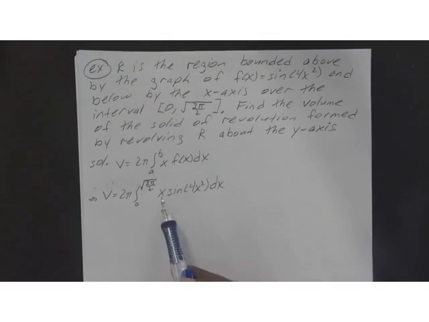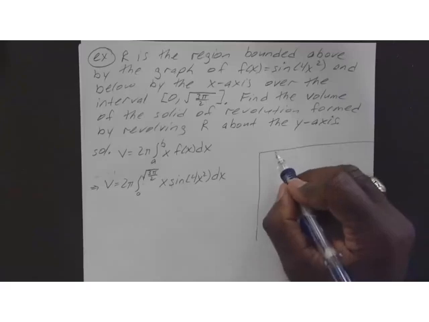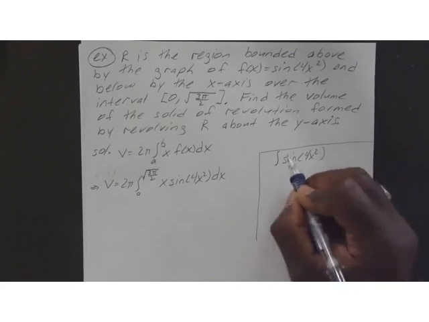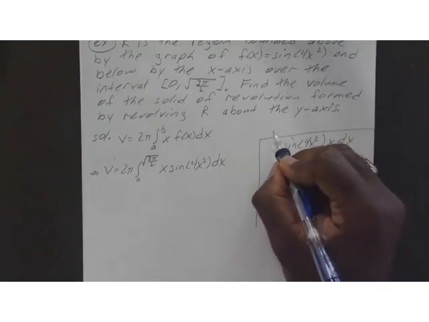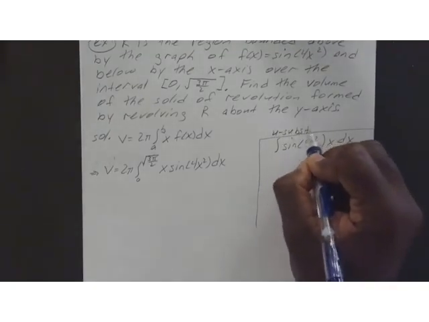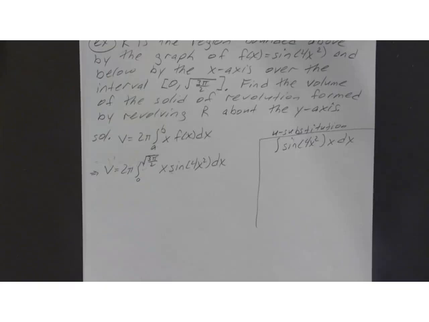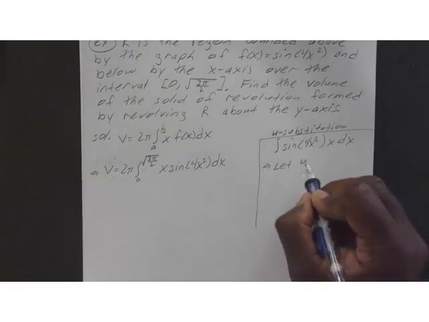So we can find the integral of sine of 4x squared times x, but to do that, we have to use our u substitution. Sine of 4x squared times x with respect to x. Okay. So for this one, we're going to let u equal 4x squared.